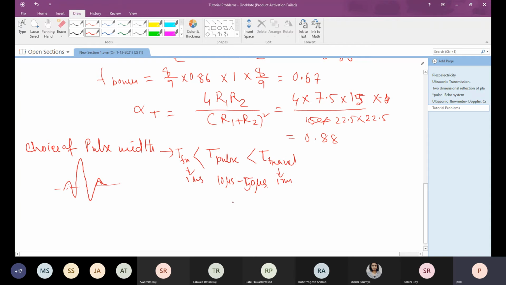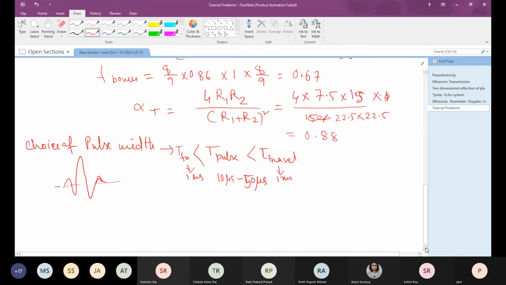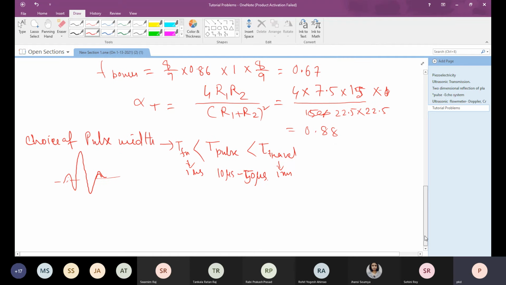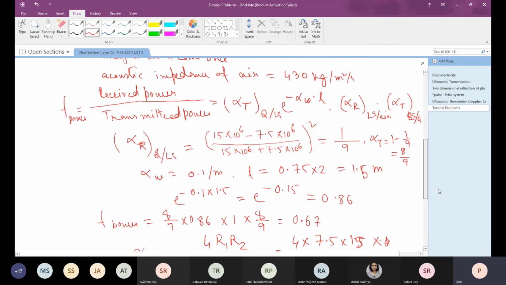So we have 10 microsecond is good, then corresponding to velocity we can get the resolution of depth measurement.